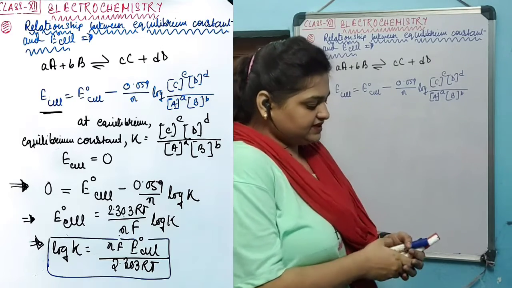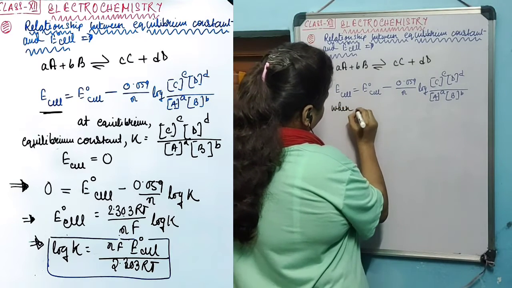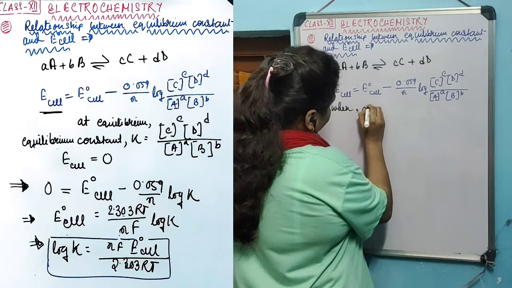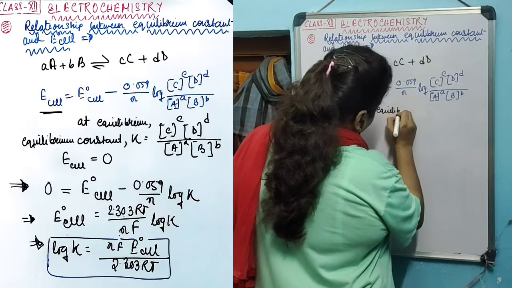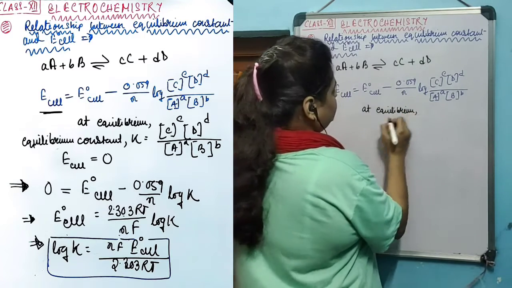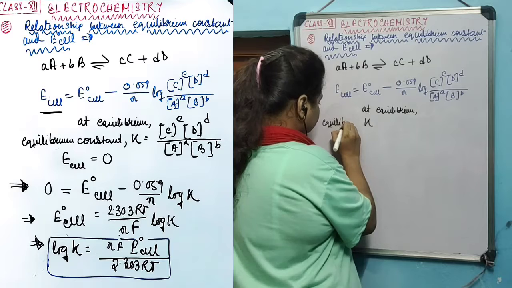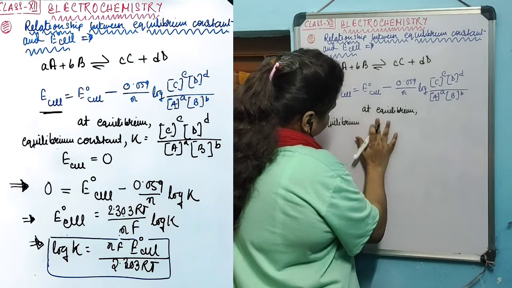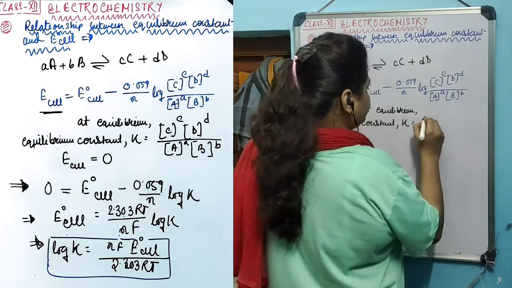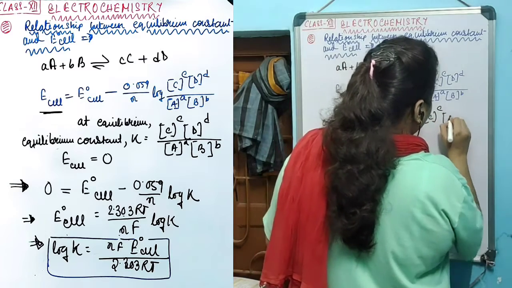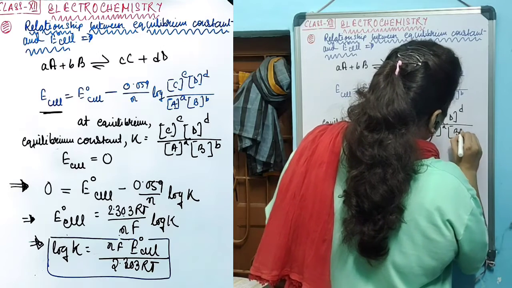Now let's say that this reaction is at equilibrium. At equilibrium, the equilibrium constant K is given by the concentration of C to the power c, concentration of D to the power d, over the concentration of A to the power a, concentration of B to the power b.